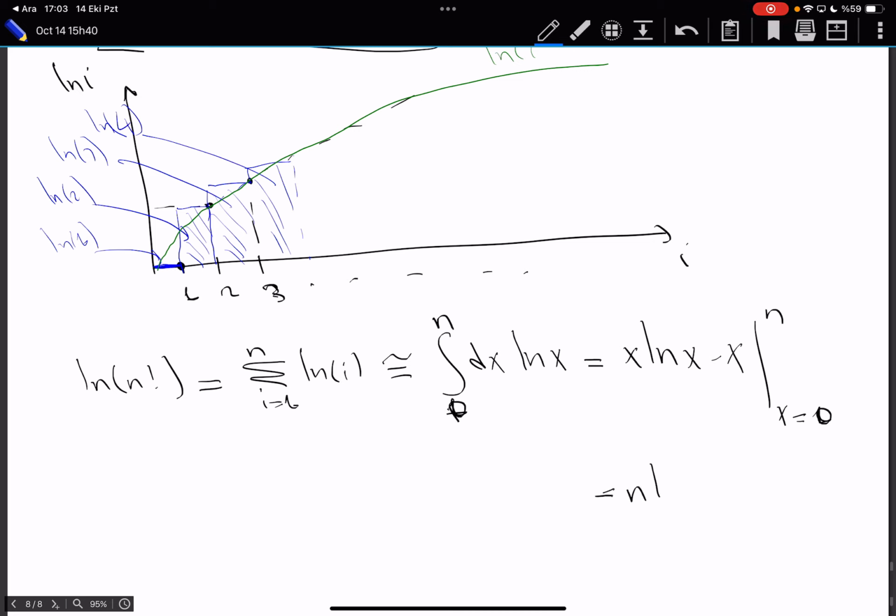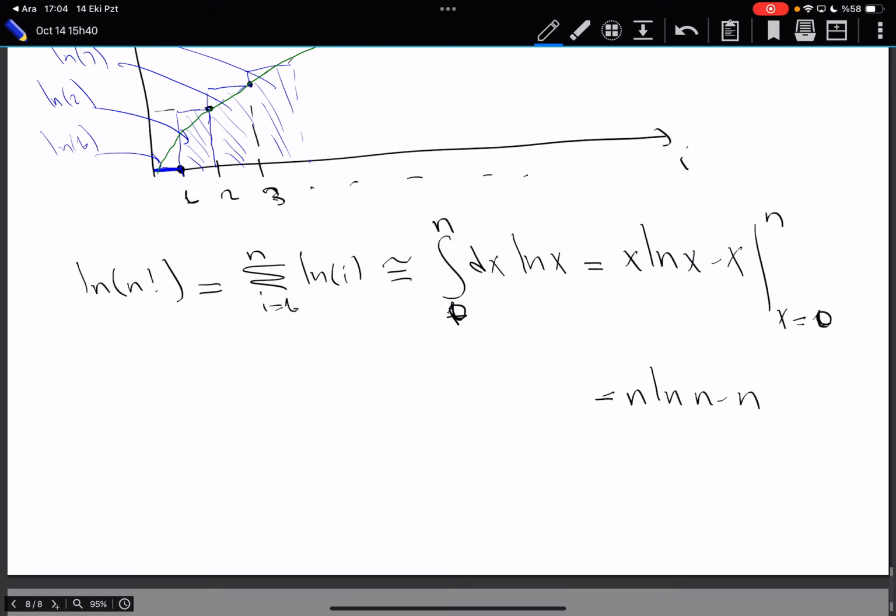This is n times logarithm of n minus n. If you put 1 over there, it doesn't make any difference because the answer just changes by 1. And keep in mind that the small n is some number of the order of 10 to the power 22. So this is the Stirling approximation we will use.